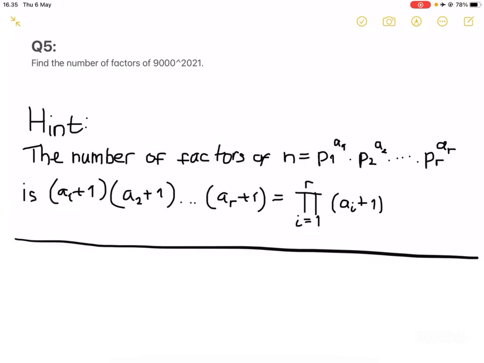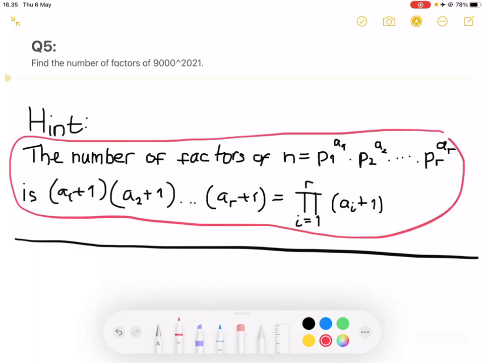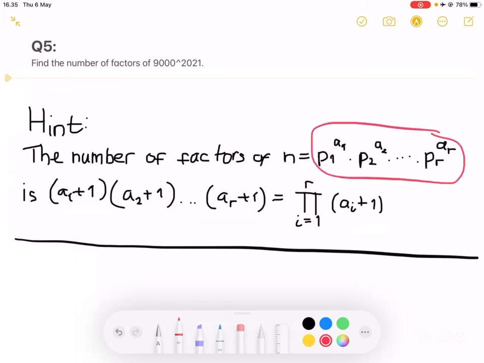Right, so here's the final question, question 5. Find the number of factors of 9,000 to the power of 2021, which seems a bit overkill, but we have this hint right here, which says that the number of factors of n, which is expressible as its prime factorization as so, p1 to the a1 times p2 to the a2 times all the way up to pr to the ar, where p1 all the way up to pr are primes, and a1, a2, and all the way up to ar are all positive integers.